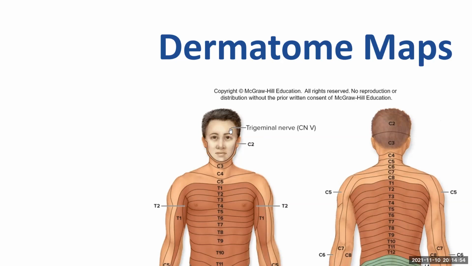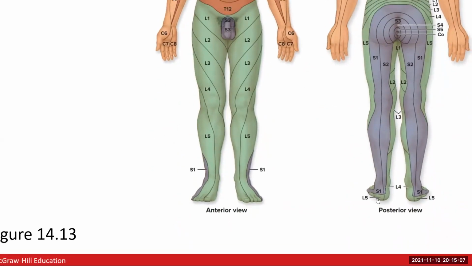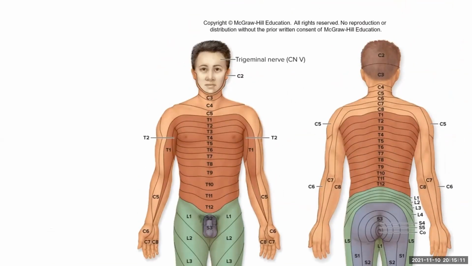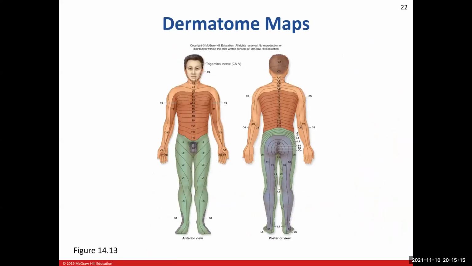So touch sensations will travel on the trigeminal nerve. Whereas everywhere else, from the top of your head all the way down to the bottom of your feet, all those other areas of your skin are going to be innervated by your spinal nerves. And so we've mapped it out.